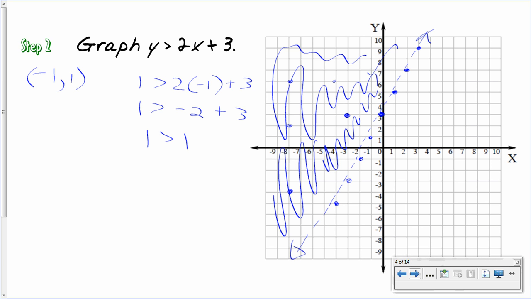So we can't include dots that are on the line, can we? Okay, 1 is not greater than 1. If it were equal, then I could say that's a true statement. But the line would have to be what? Solid, right?